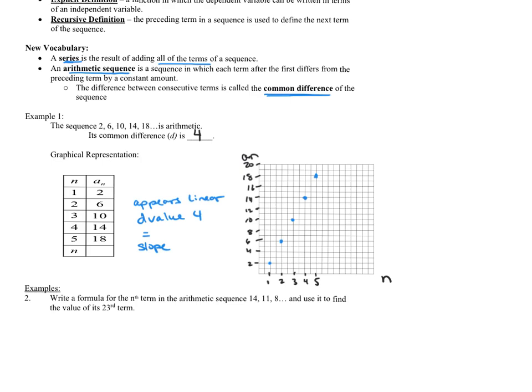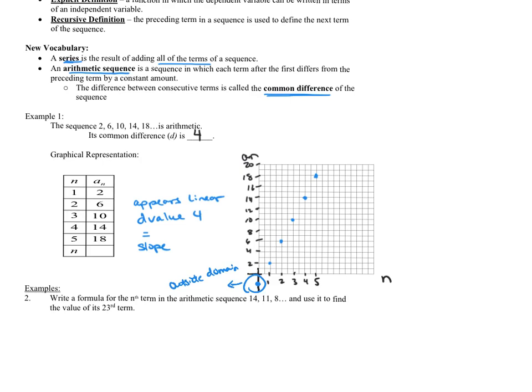The difference between an arithmetic sequence and a linear function is most obviously seen if we focus on the y-intercept. A line would have a y-intercept somewhere down here. The problem is that this point is outside of the domain of a sequence because it has an n value of 0.